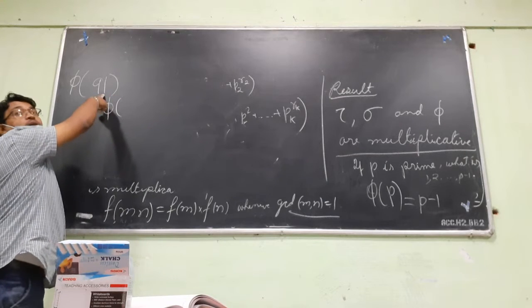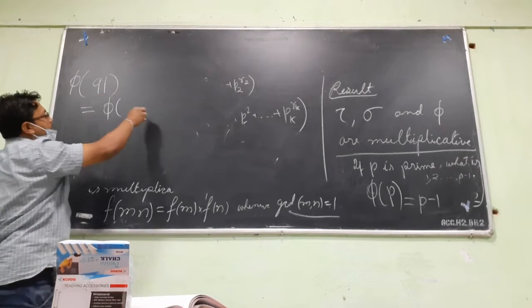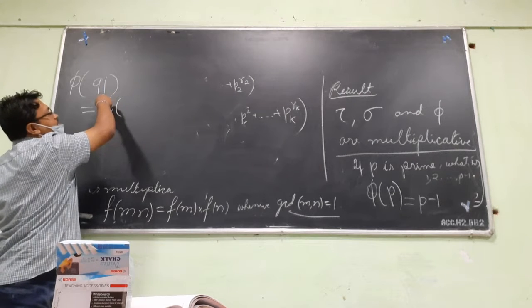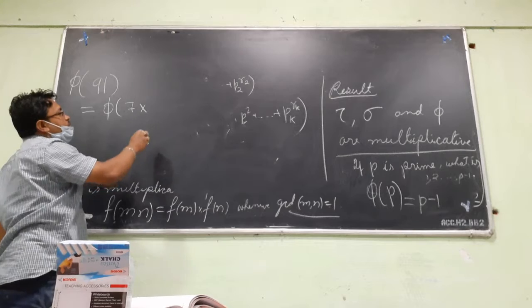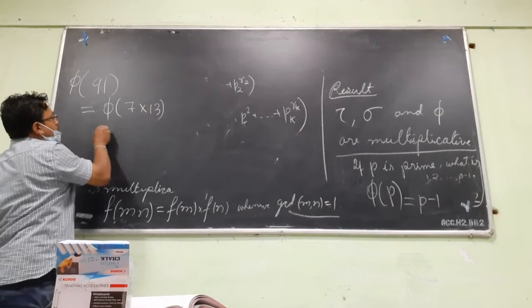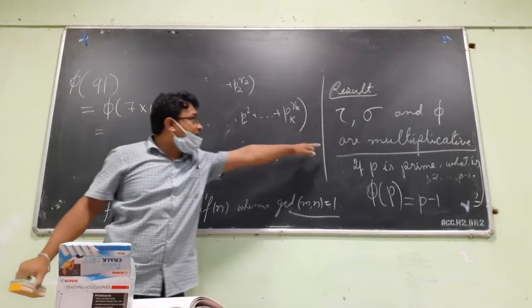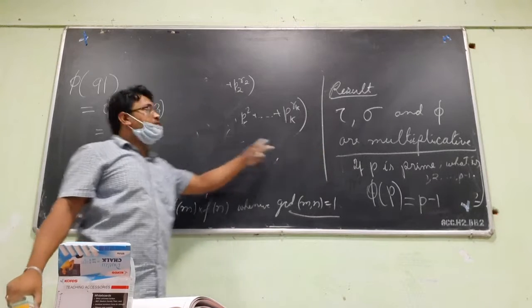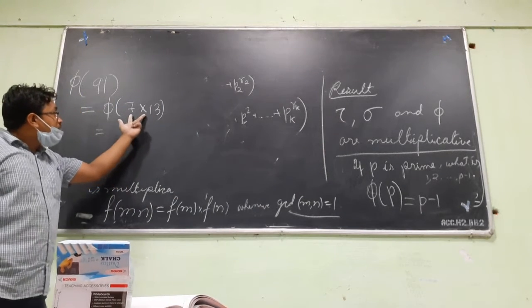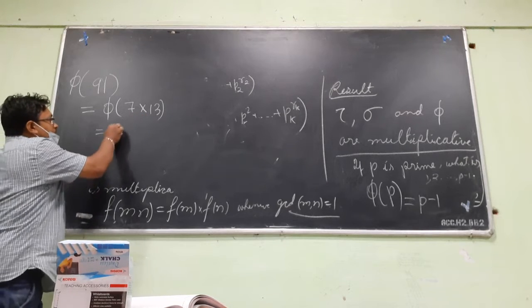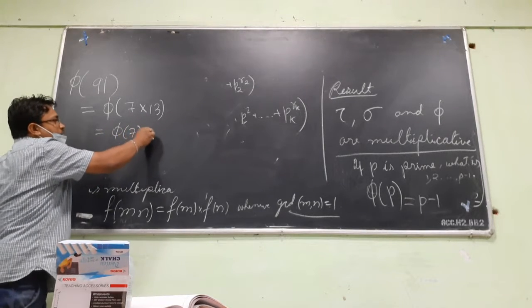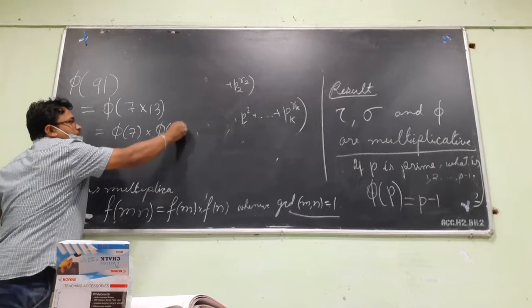Yeah, 91 is not prime, so we cannot write it directly as 90, but we can write it as a product of primes. This 91 can be written as 7 into 13. But we already have this result that phi is a multiplicative function. So since 7 and 13 have GCD 1, there is no common factor, so I can always separate it. This can be written as phi of 7 multiplied with phi of 13.